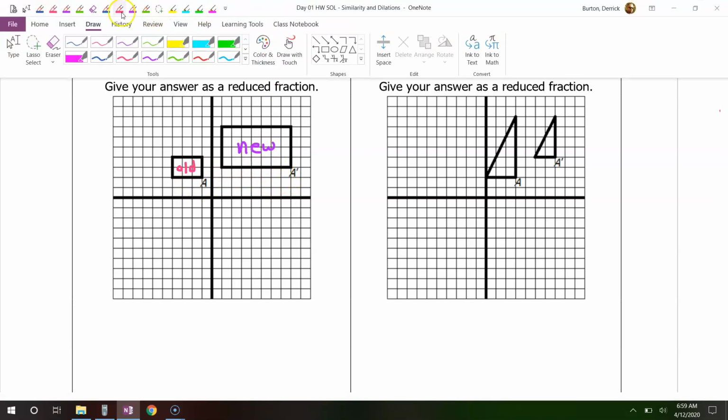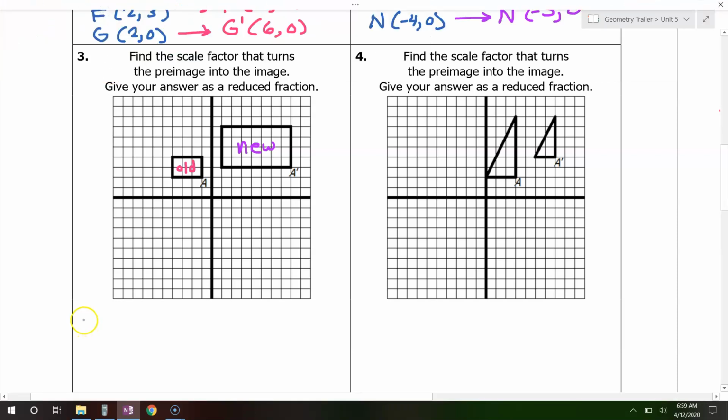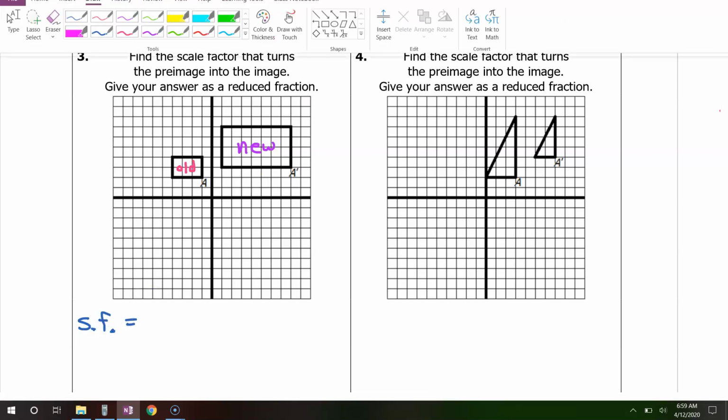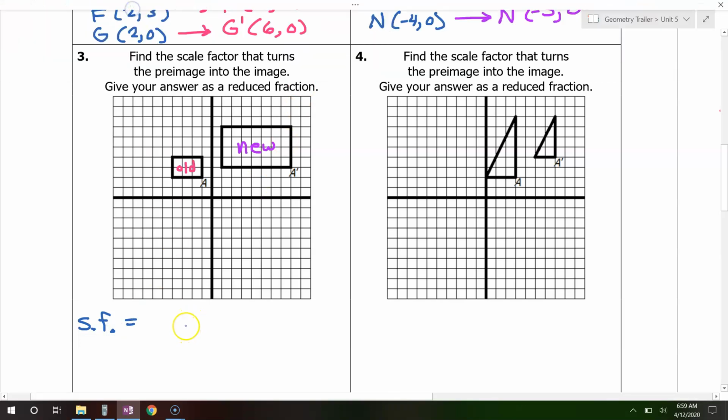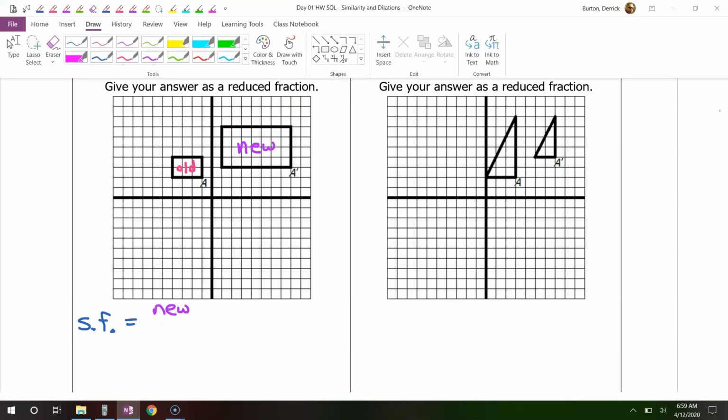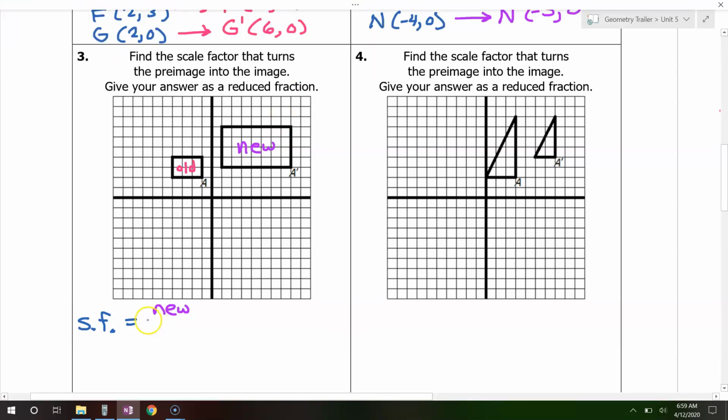Now, when you want to find the scale factor, which I'm just going to abbreviate SF, the scale factor is going to be a new length divided by an old length.